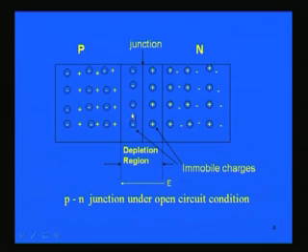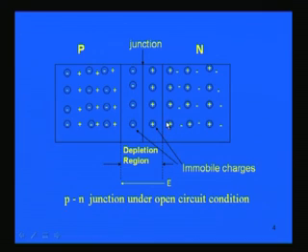So, they are now uncovered negative charge on the p side and uncovered positive charge on the n side. That is why these bound charges will be forming a layer of negative charge on the p side and a positive charge layer on the n side.